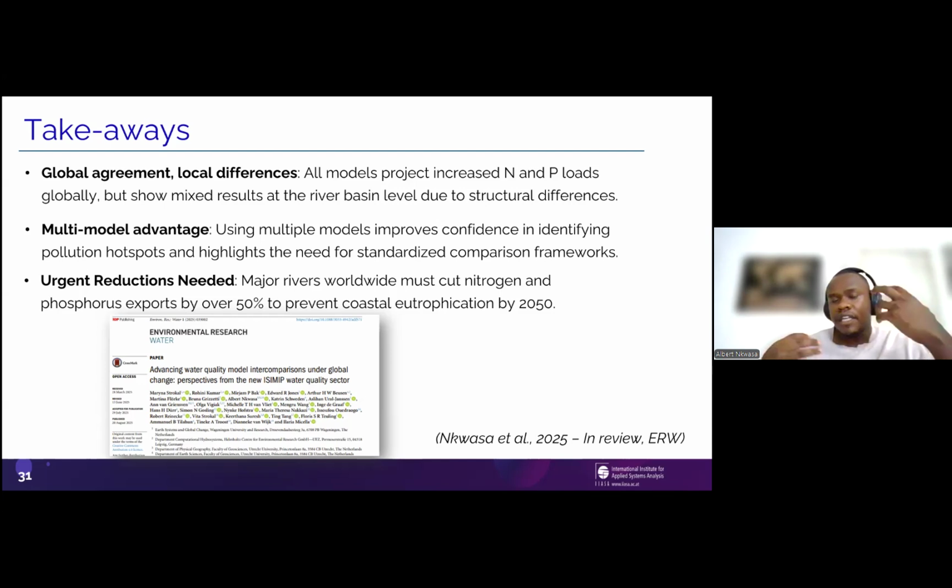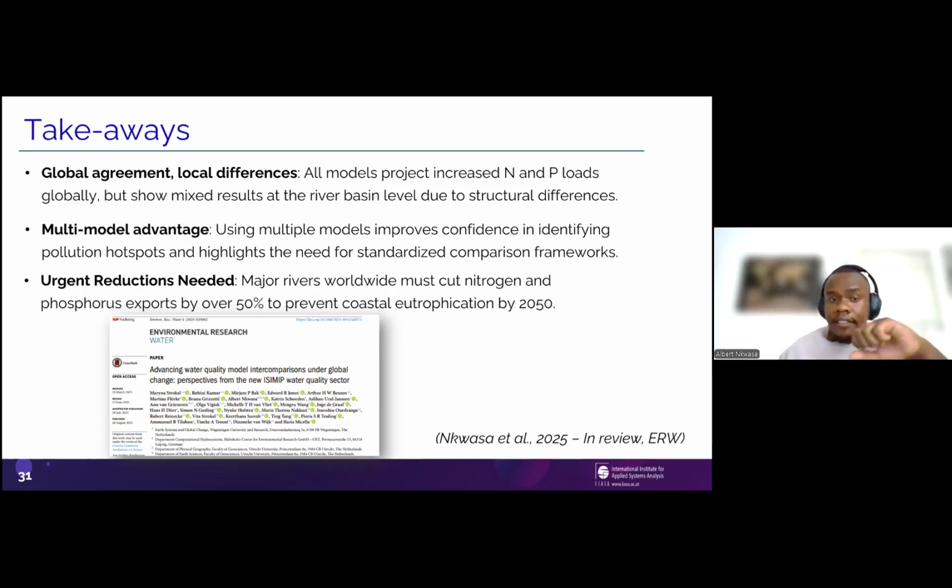This is, of course, inherent due to the structural differences, also some differences in input data, and also differences in the spatial scale of how these models are run. But the advantage is that we're using a multimodel mean, which sort of improves our confidence. And then we also notice that there are urgent reductions needed for major rivers.